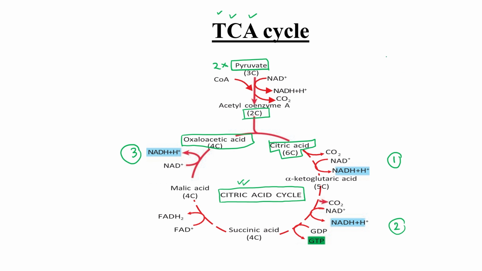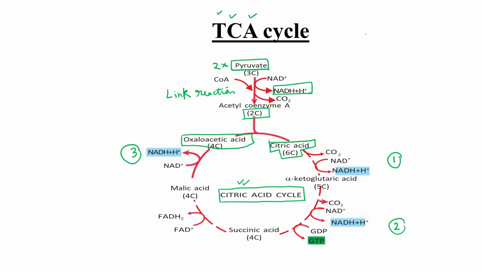So can I write over here, during the conversion of pyruvate to acetyl coenzyme A, 1 NADH is generated over here? Yes. And this particular reaction, the conversion of pyruvate to acetyl coenzyme A, I can write over here as the link reaction.